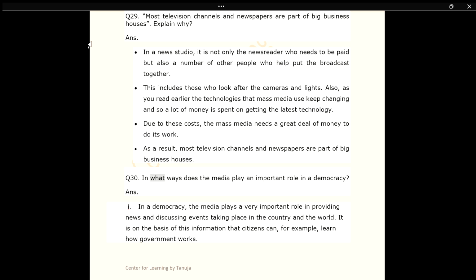Q30. In what ways does the media play an important role in a democracy? Ans. In a democracy, the media plays a very important role in providing news and discussing events taking place in the country and the world. It is on the basis of this information that citizens can, for example, learn how government works. 2.